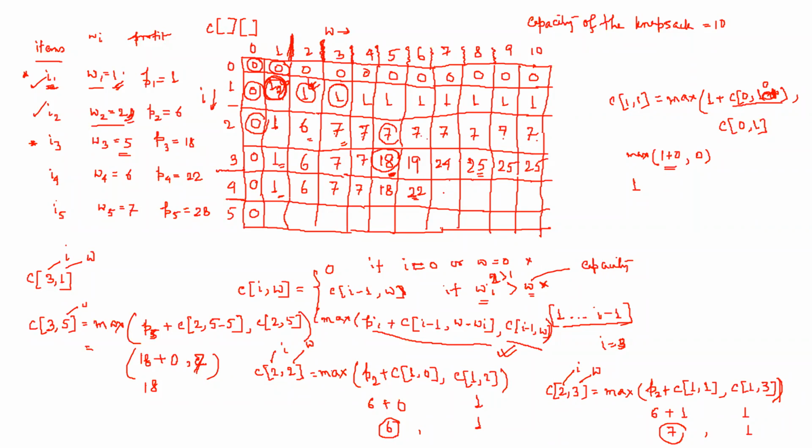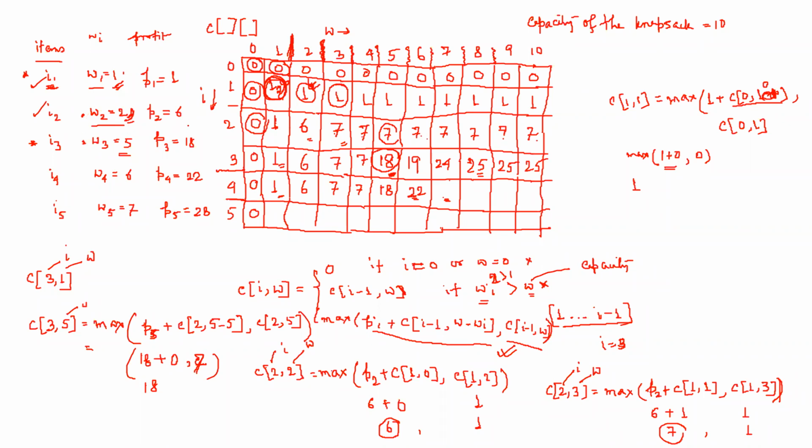Now if the capacity of the knapsack is 7, which combination can I choose? I can choose this one and this one.